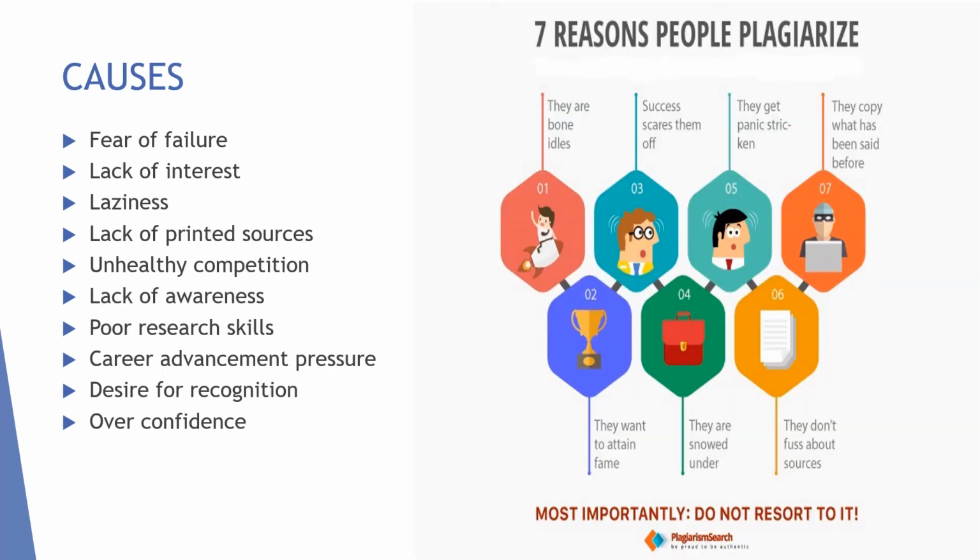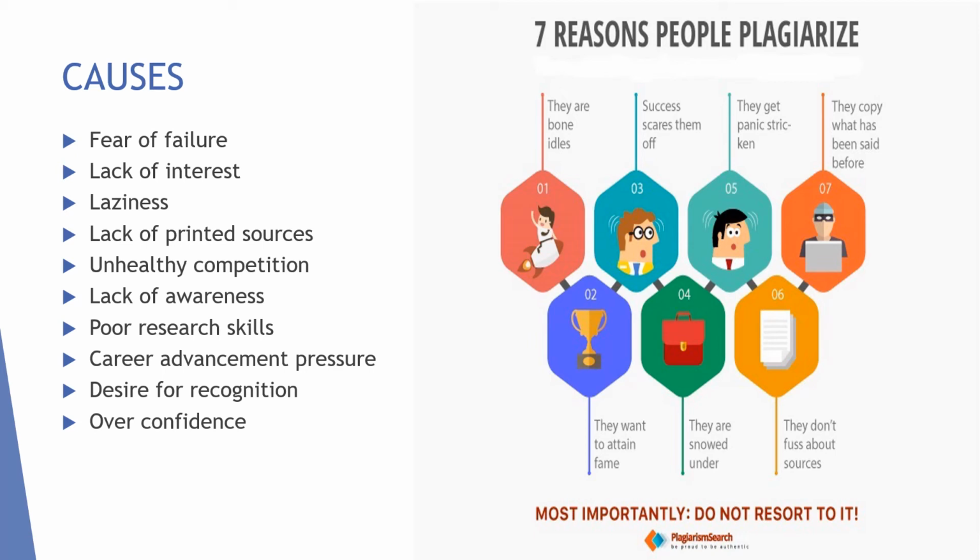Now, why do people plagiarize? That is another interesting question. Because there is fear of failure, lack of interest, laziness, lack of printed sources, unhealthy competition, lack of awareness, poor research skills, career advancement pressure, desire for recognition, and overconfidence. So they are born idols. Okay, success scares them. They want to attain fame.